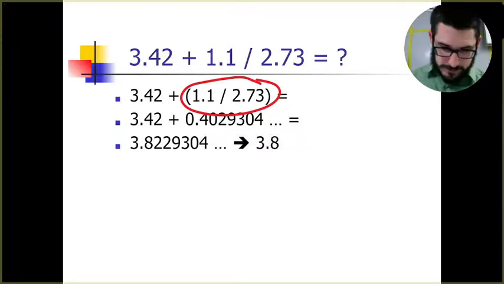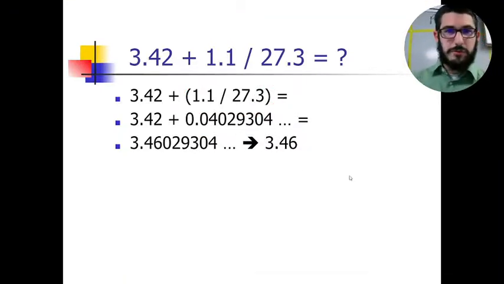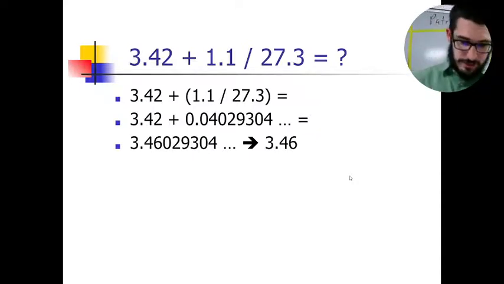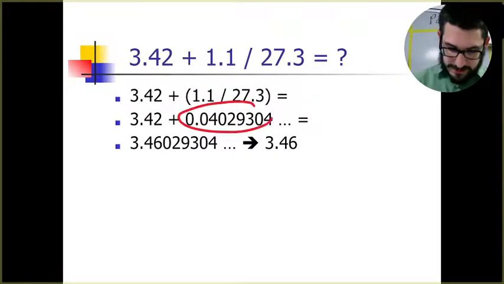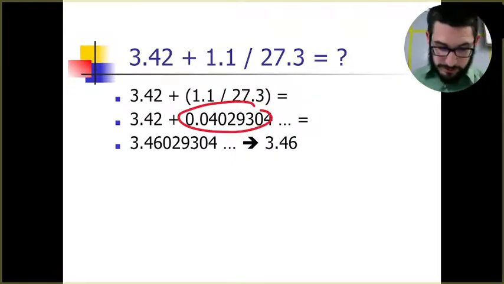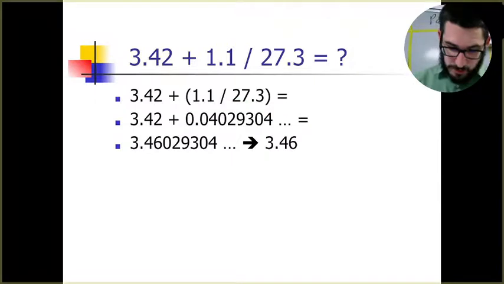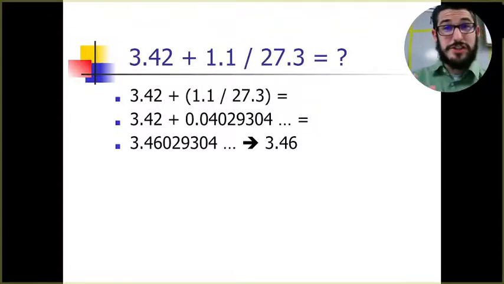Okay, then if I'm looking at this number, same thing. I've got to do my division first. Then once I get that division, I've got this number plus the 3.42. My original answer here is wrong. Can you see why?